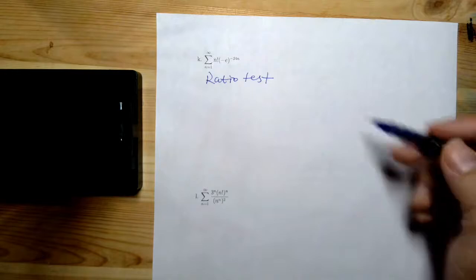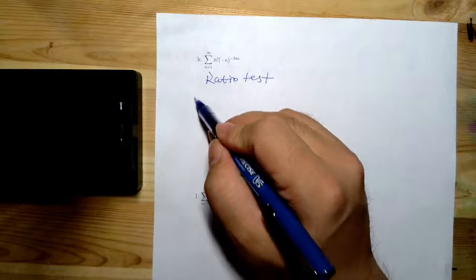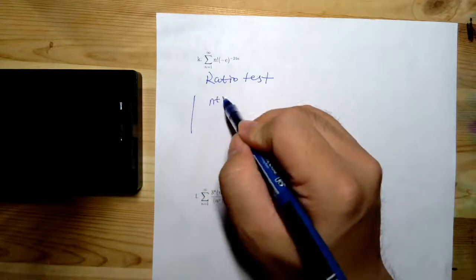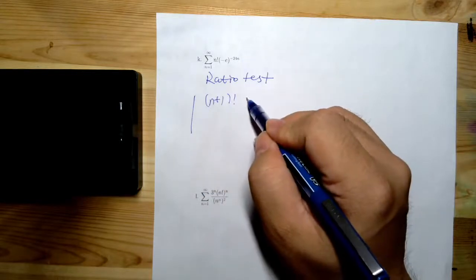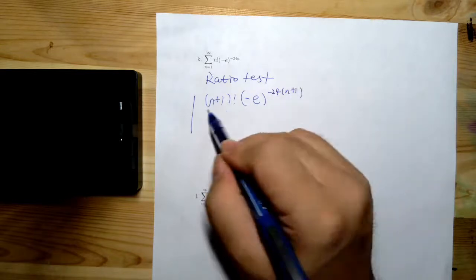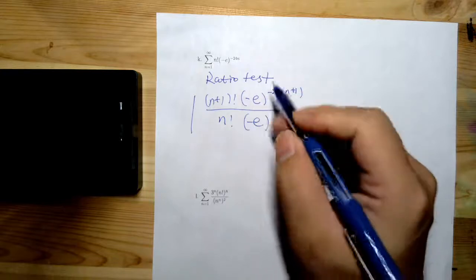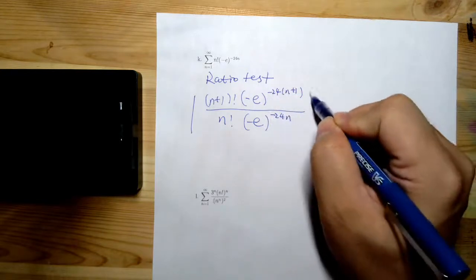Why? Because you have this factorial. So the ratio gives us (n+1) factorial times (-e^(-24))^(n+1) over n factorial times (-e^(-24))^n.